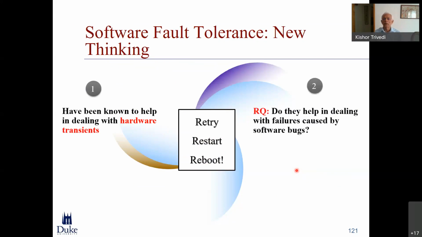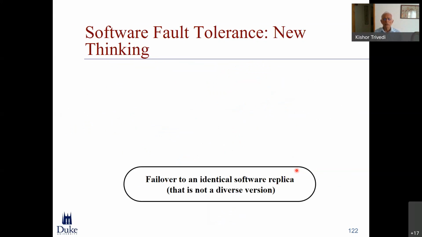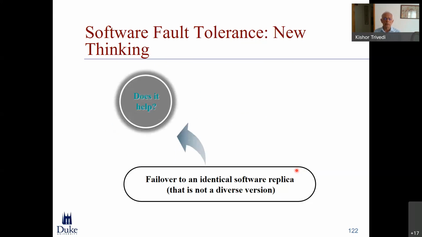But now they are being advocated in dealing with soft failures caused by software bugs without fixing the bugs. So if this should help, why should it help? Similarly, failover to an identical software replica, that is not a diverse version and therefore has the same bugs as the original software that failed. Why should it help?